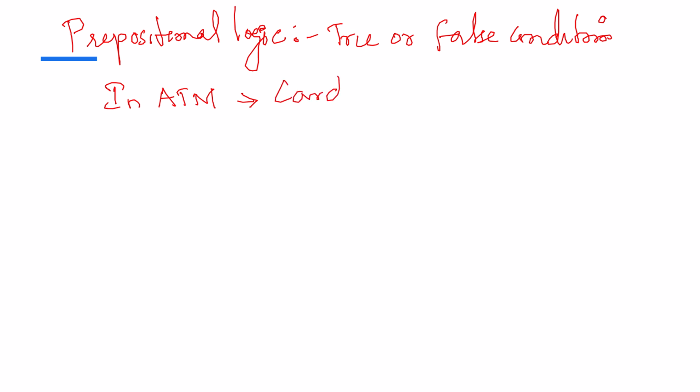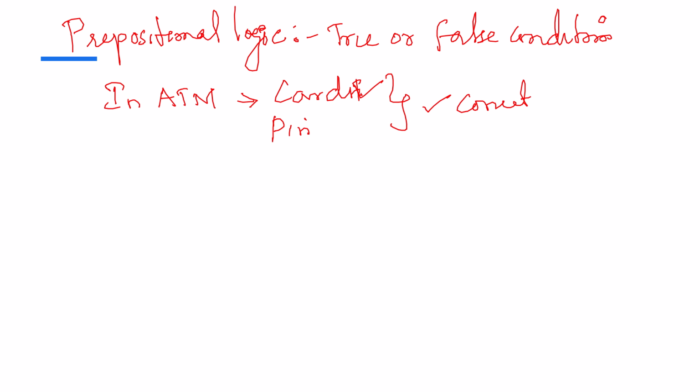First you have to insert the card, then you have to enter the PIN number. So both are correct only, then the machine will accept our ATM card. So this is an example of propositional logic.